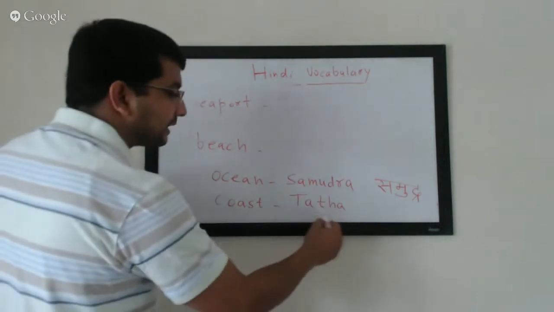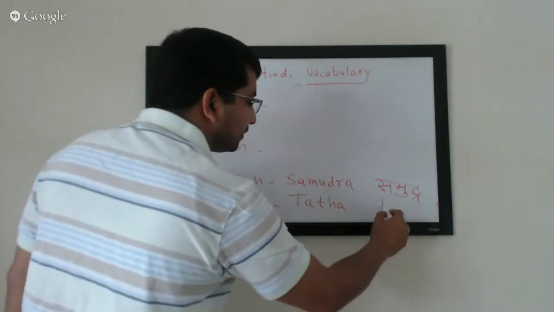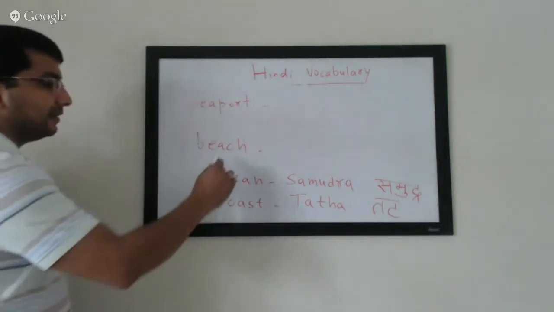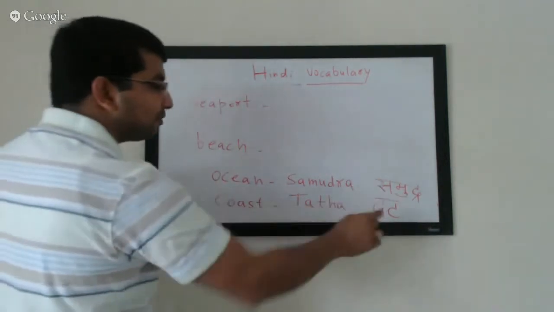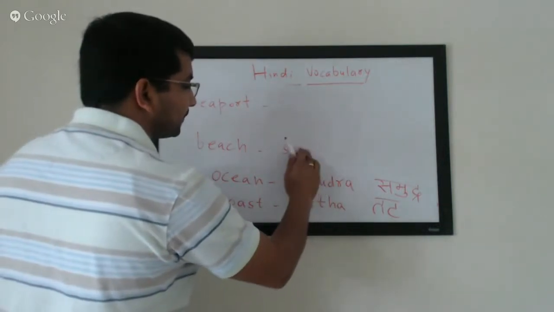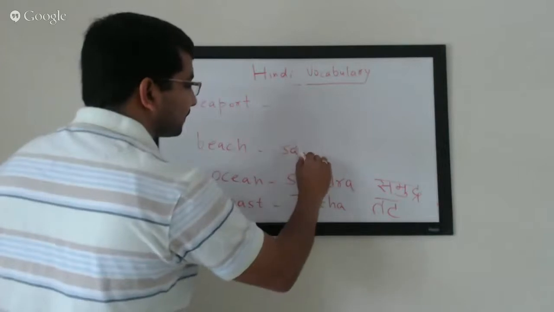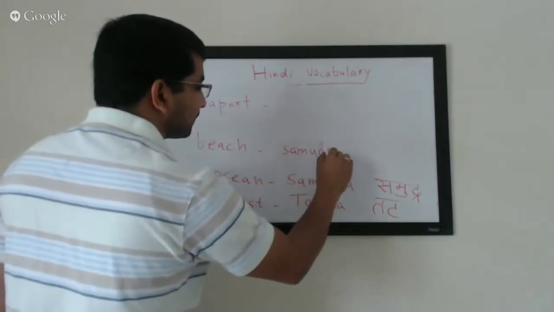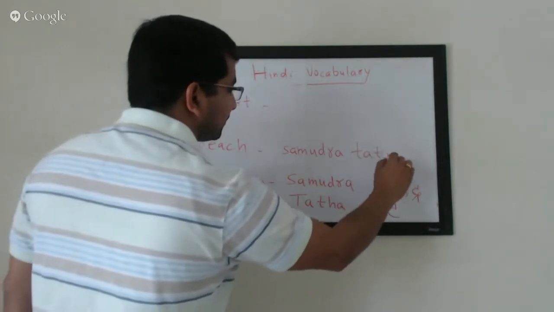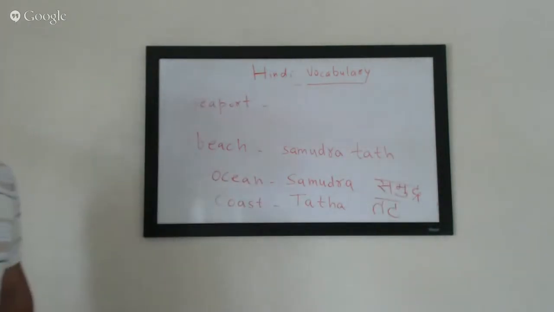It's not very clear in the Roman script, but you have a tha sound and then the t sound. The way you say beach is samudra तट, samudra तट.